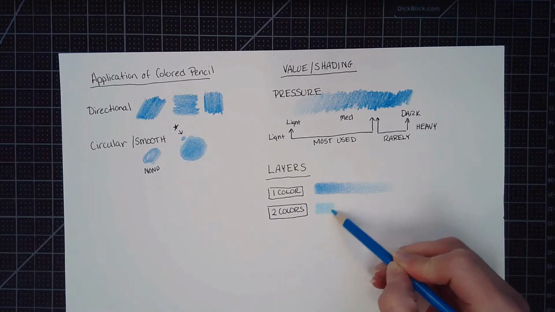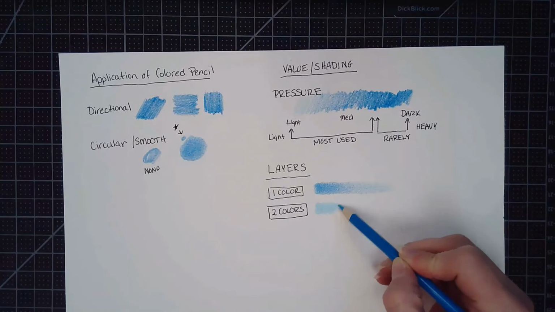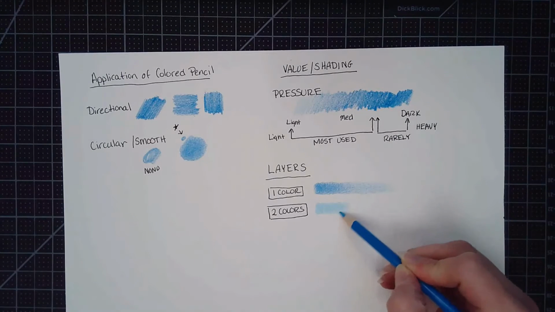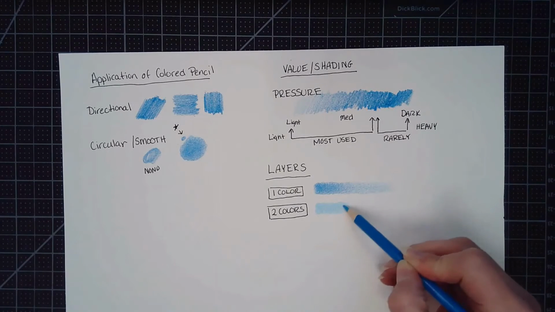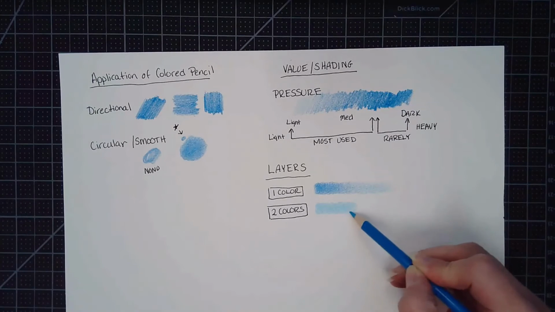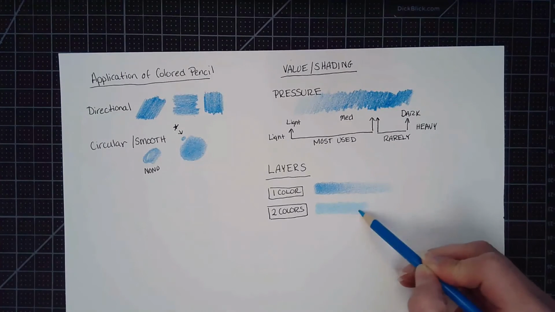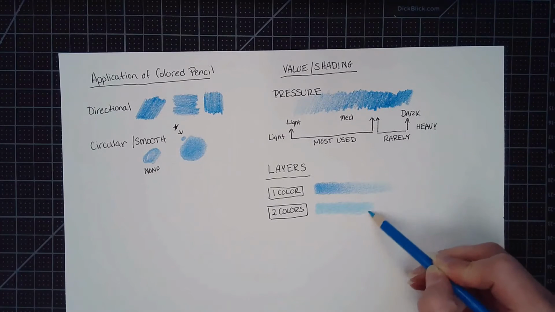Again, medium pressure. I'm going to use my circular shading technique, overlapping constantly, working my way towards the right side here. And this time I'm not even going to lift up on pressure for this first initial pencil.